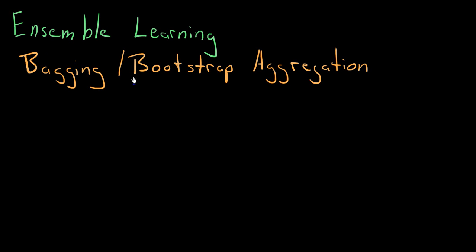Bootstrapping is a technique from statistics where we have a set of data, say 100 records of something, and we want to resample that data to do some sort of statistical analysis. It's in the same spirit as cross-validation.